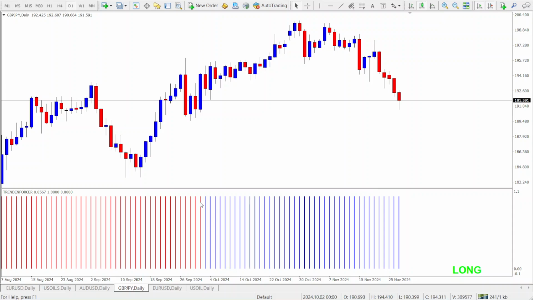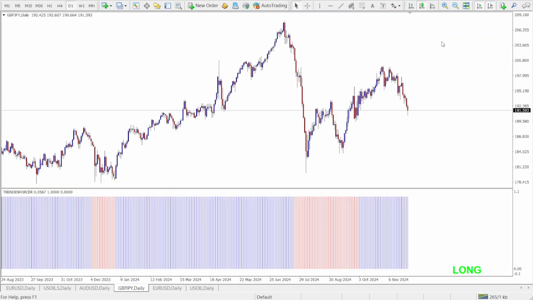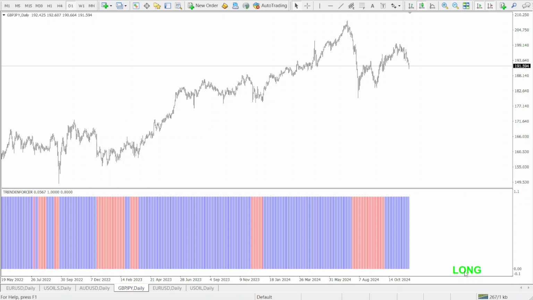In addition to the signals given to you by these bars, the red and blue bars on the indicator window, the trend enforcer indicator also tells you the general direction of the trend. As you can see here, it says long. It shows that it's a bullish trend.